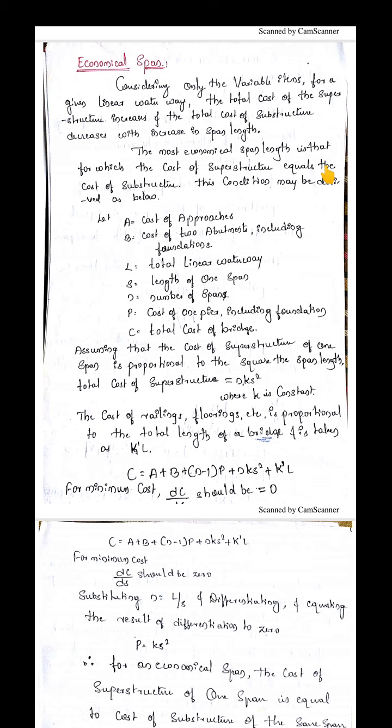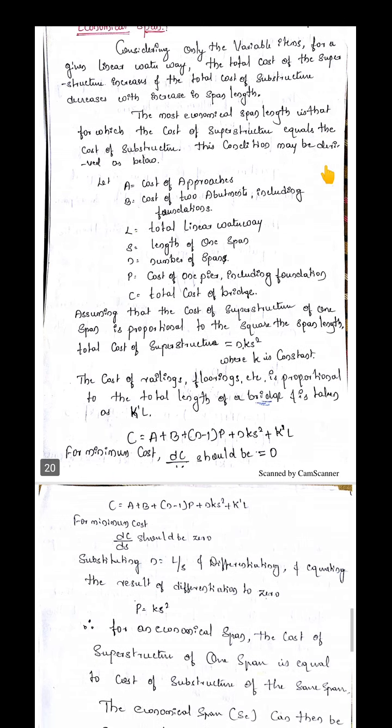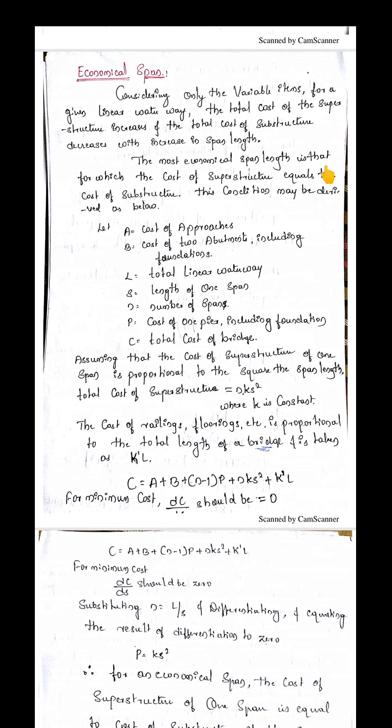So n into K into S square, and K dash L. K dash L is the cost of railing, flooring, etc., which is proportional to the total length of the bridge and is taken as K dash L. So the total cost is A plus B plus n minus 1 times P for the piers, plus n times K S square for the spans, plus K dash L for the railings and floorings. This is our total cost of the bridge.